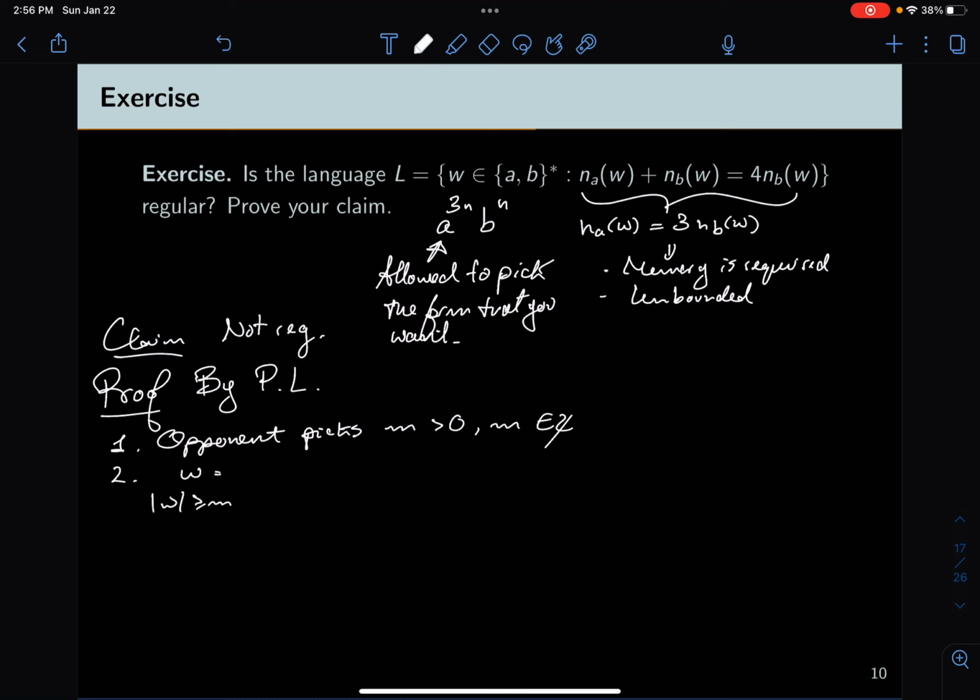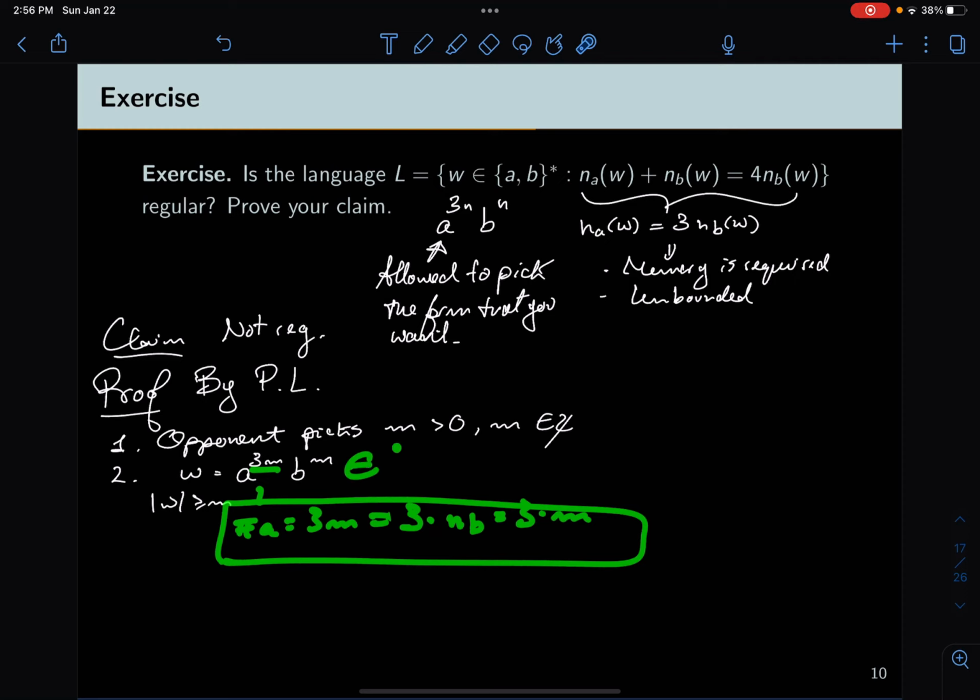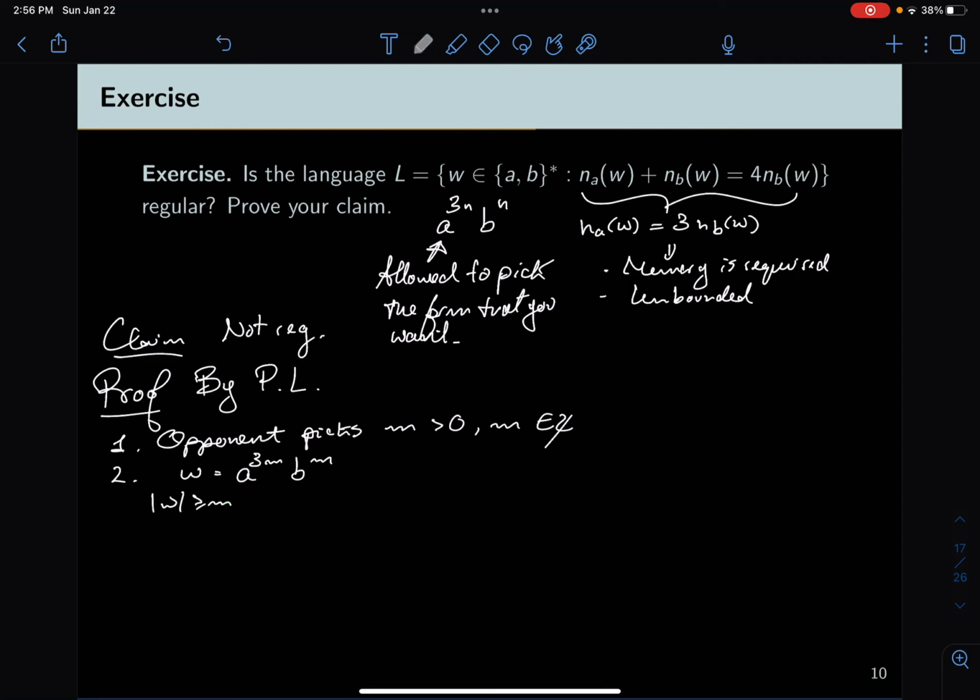So I'll just pick W as A^{3m} B^m. Clearly here, the number of A's is 3m, and this is equal to 3 times the number of B's, which is 3 times m. So that's why this string is in L.